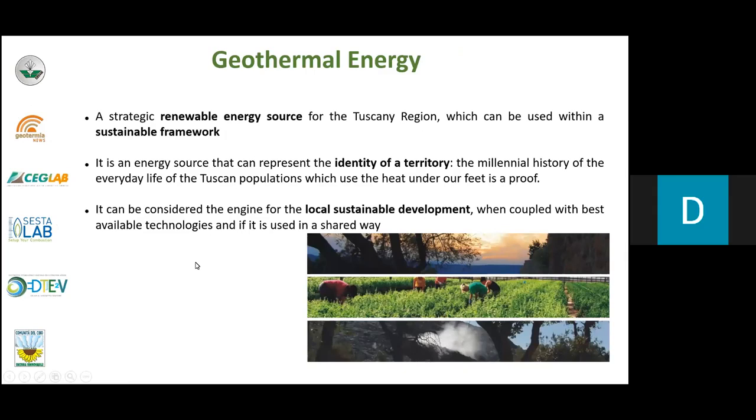And yes, geothermal energy can be considered in Tuscany a renewable energy source, which can be used within a sustainable framework. It's an identity for our territory, as I mentioned before, and it can be considered the engine for local sustainable development.